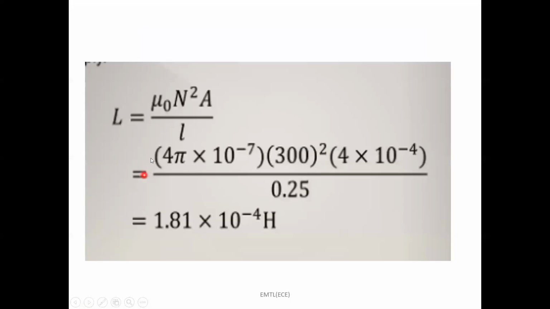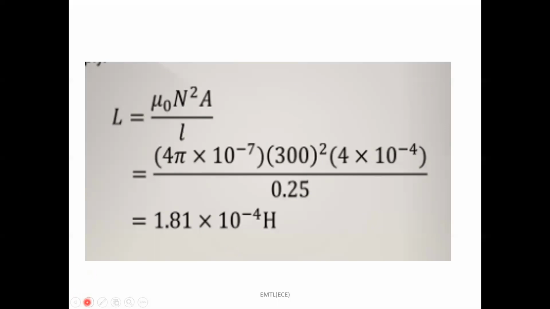Now substitute here: mu naught is a constant value equivalent to 4 pi into 10 power minus 7, the number of turns N is 300 whole square, the area A is 4 into 10 power minus 4, and the length is 0.25. By calculating all these values, the resultant self-inductance of the solenoid is 1.81 into 10 power minus 4 Henry.